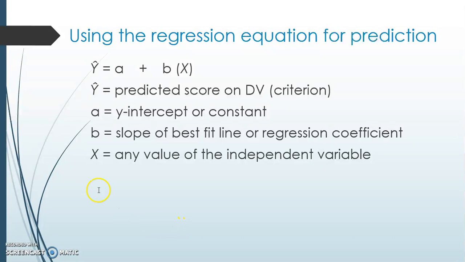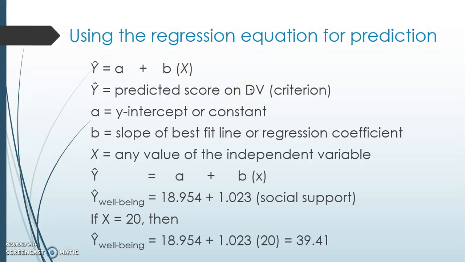And here we see that we've got our regression equation where we've got our predicted value of the dependent variable. We call that the y-hat, and then that's equal to our y-intercept, or a constant from that table we were just looking at, and the slope of the best fit line, and that's our variable x.